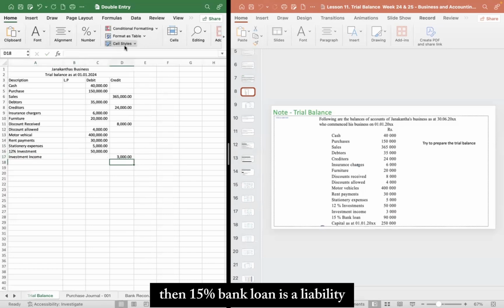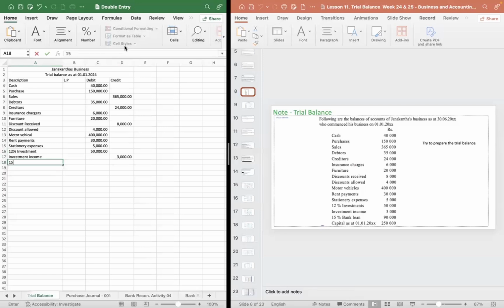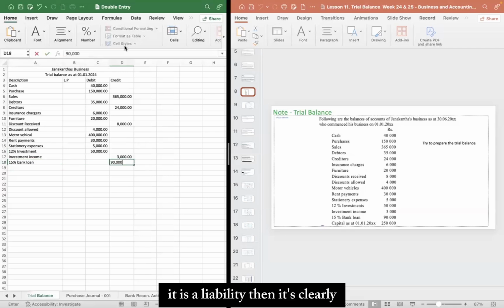Then 15% bank loan is a liability. If it is a liability, then it's credit.